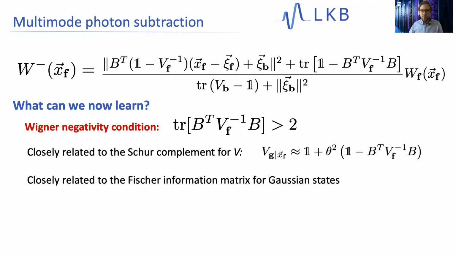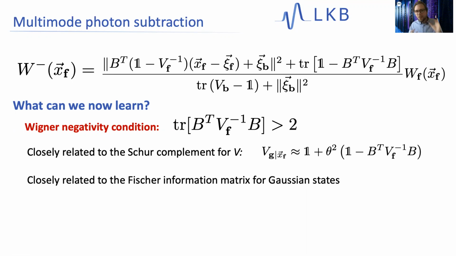On top, and this is also very interesting, this is going to be related to the Fisher information as well of the initial Gaussian state. So basically what I have here is something like the Fisher information that describes measurements when I have this big Gaussian state, and I'm going to do specifically measurements in the mode B. Well, this is going to give me something related to the Fisher information of the state.